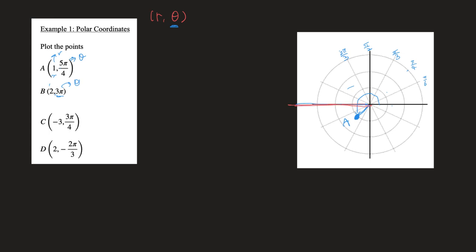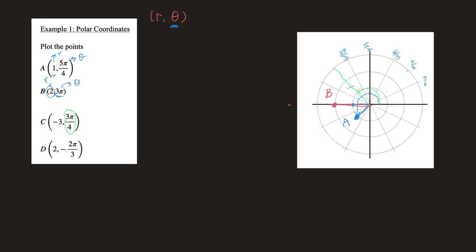Here is r. r is positive. That represents the distance from the origin, 1 and 2. So you have the point B right here. Point B is right there. You plot it. Guys, make sense? Let's go to the next one. This one, sketch the angle first. 3 pi over 4 is going to be right here.